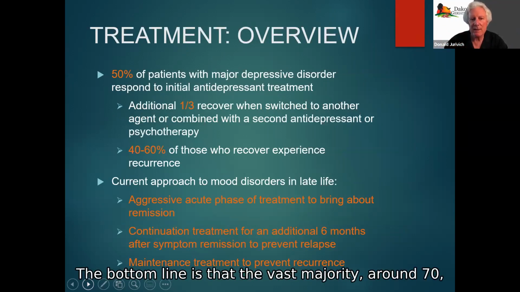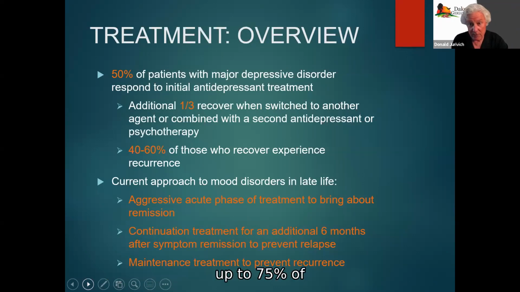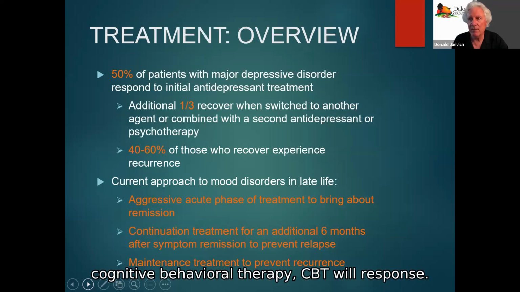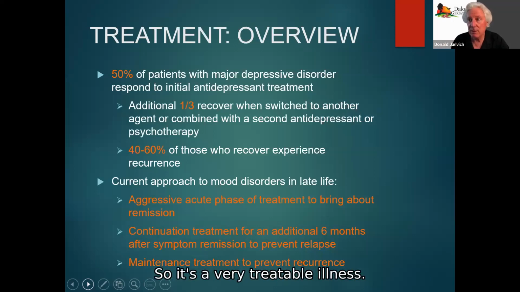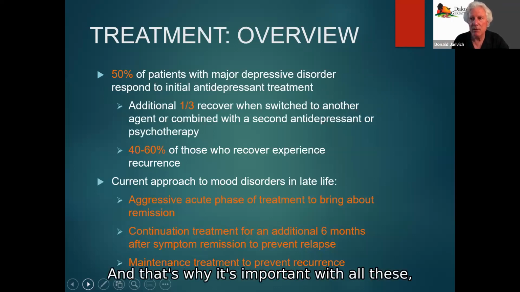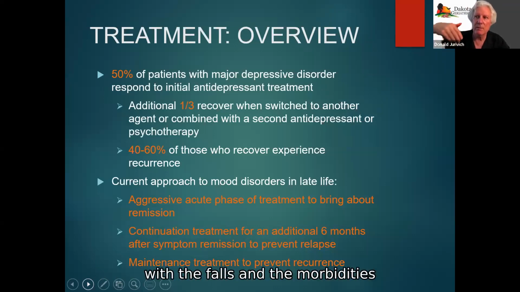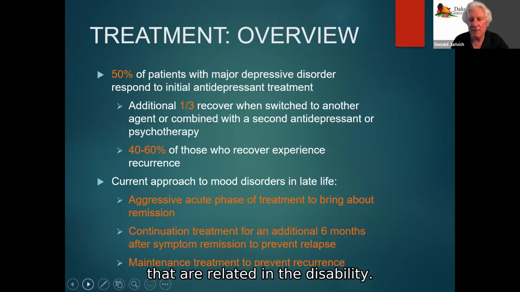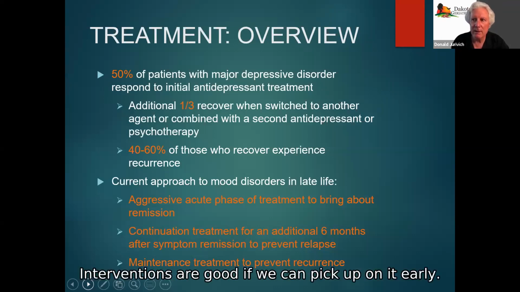The bottom line is that the vast majority, around 70 up to 75% of older adults that are properly treated with antidepressants and/or cognitive behavioral therapy, CBT, will respond. So it's a very treatable illness. And that's why it's important, with the falls and the morbidities that are related and the disability, that our interventions are good if we can pick up on it early.